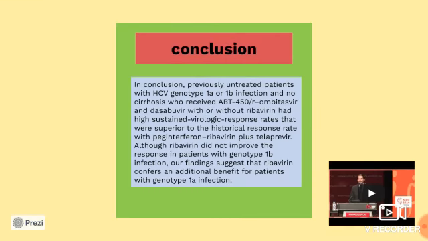Conclusions. In conclusion, previously untreated patients with HCV genotype 1a or 1b infection and no cirrhosis who received ABT-450, ombitasvir and dasabuvir with or without ribavirin had high sustained virologic response rates that were superior to the historical response rates with peginterferon, ribavirin plus telaprevir.